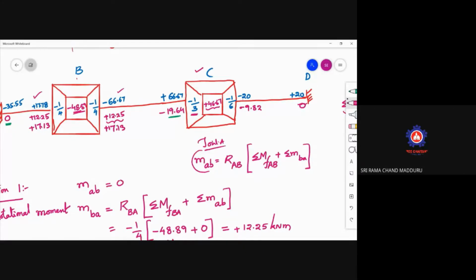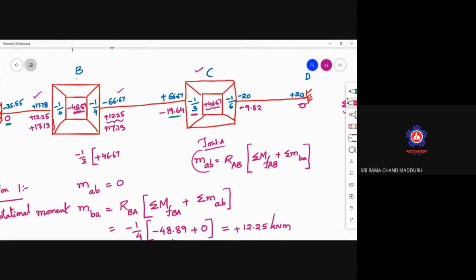Now write down for MCB. To write down MCB, what will I write? First of all, rotational factor minus 1 by 3 into plus 46.67, that is the restrained moment at C. Now, what are the far end moments?